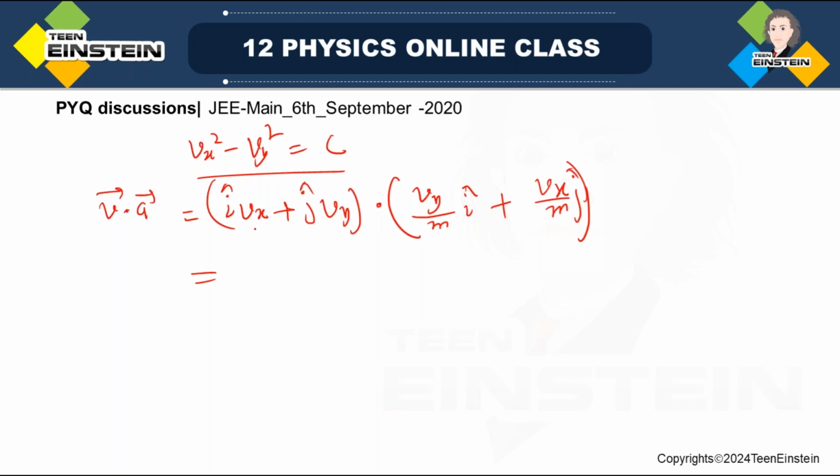Now if I take the dot product, so this will be vx vy by m plus vx into vy.